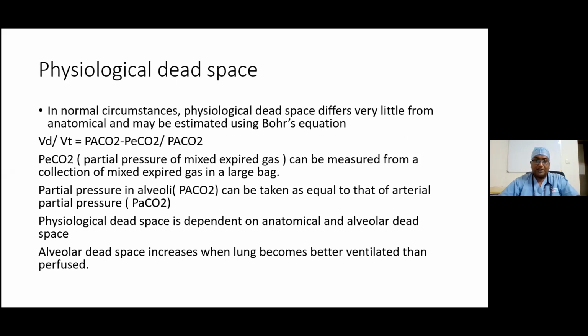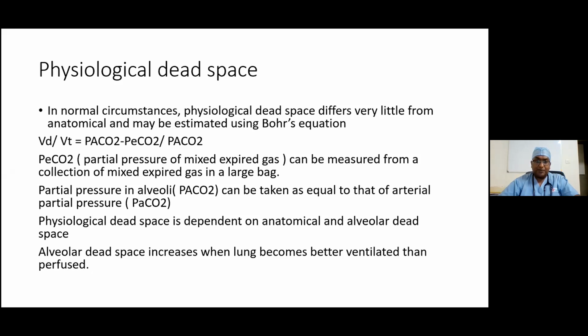So, physiological dead space. Normally we said alveolar dead space and the anatomical dead space together make the physiological dead space. In normal circumstances, physiological dead space differs very little from anatomical dead space and may be estimated using Bohr's equation. That is, Vd by Vt equals PaCO2 minus PeCO2, divided by PaCO2.